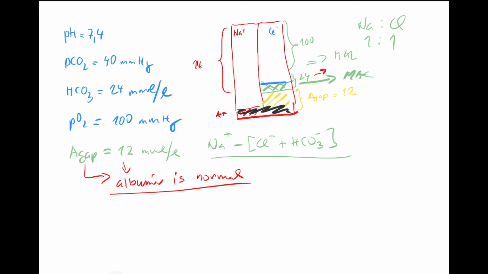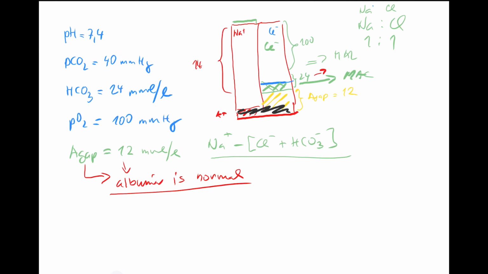And in this case, you have much more chloride than sodium, because sodium and chloride in the body are not in a 1:1 ratio, it's like 3:2 or something like that.